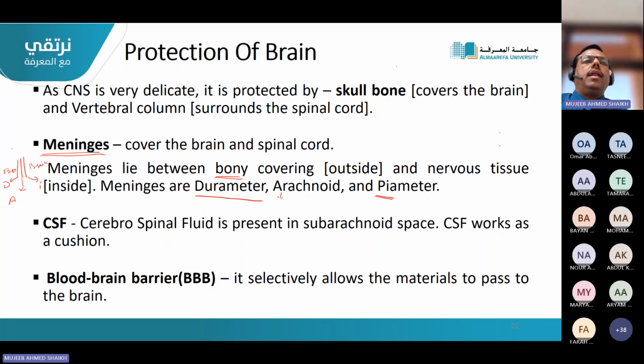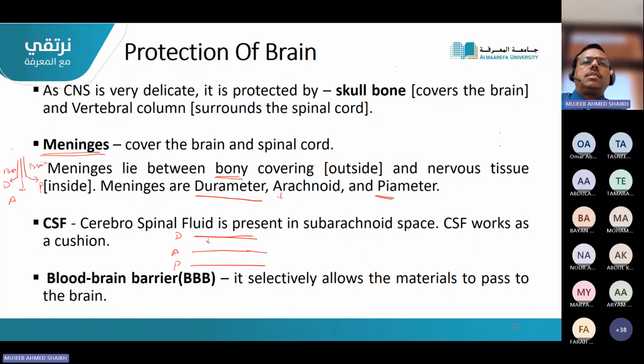So dura, arachnoid, and pia mater. Suppose I draw it as a horizontal line: this is dura, this is arachnoid, and this is pia mater. 3 layers of covering are there.